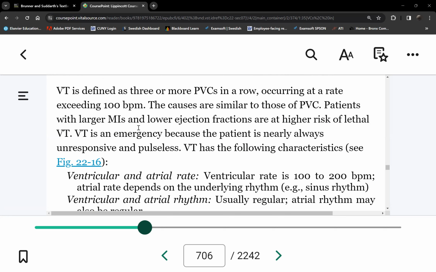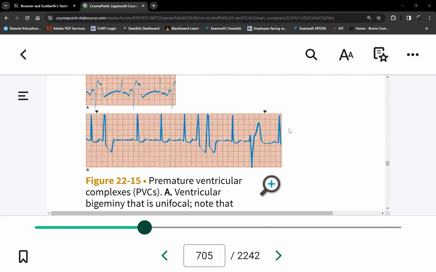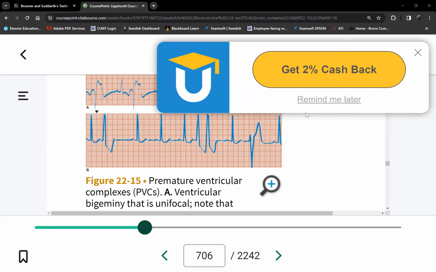Okay, soon. Okay, so VTAC is 3 or more PVCs in a row. So we usually call it VTAC at around 5. In practice, we start calling it a VTAC when we see 5 PVCs in a row or more. Those 5 PVCs don't really equate to seconds because, when you look at this PVC here, is that really equivalent to seconds?